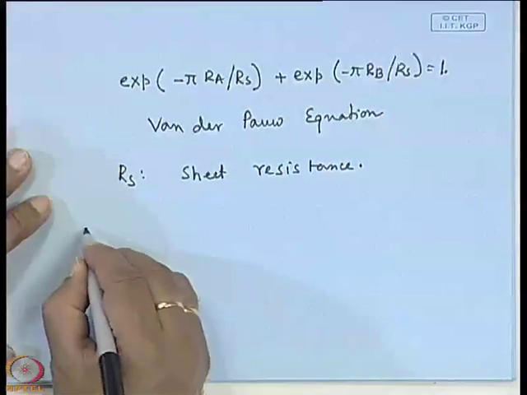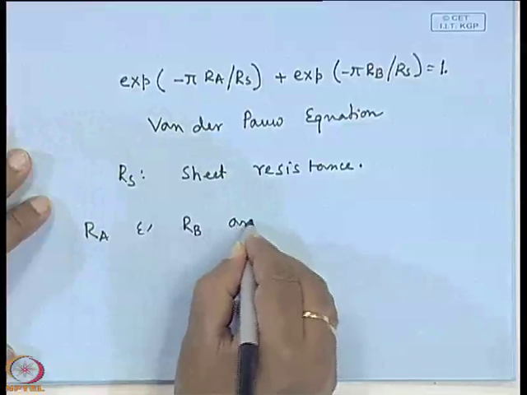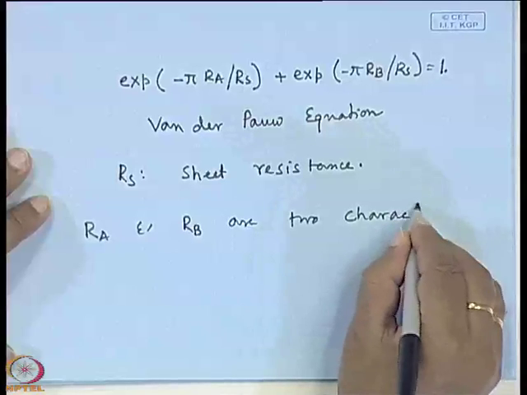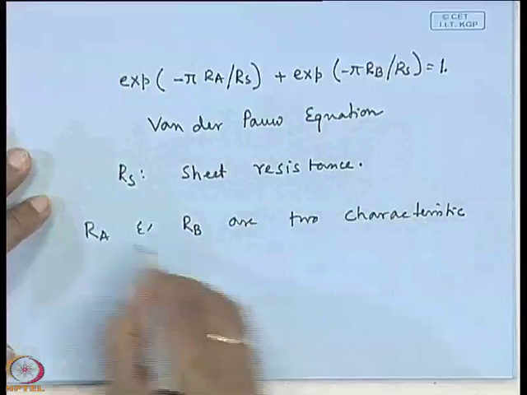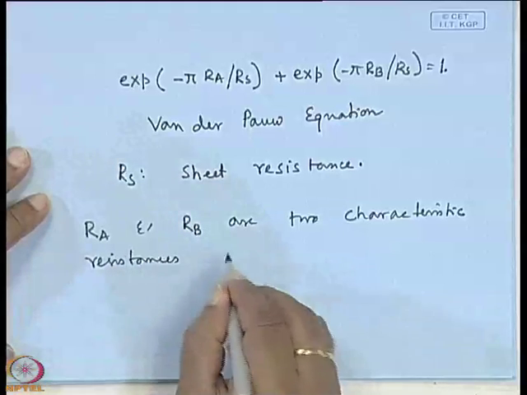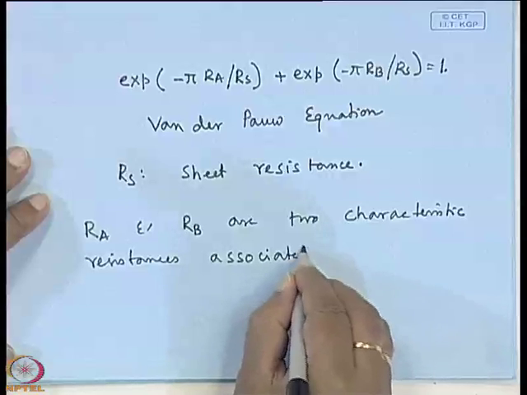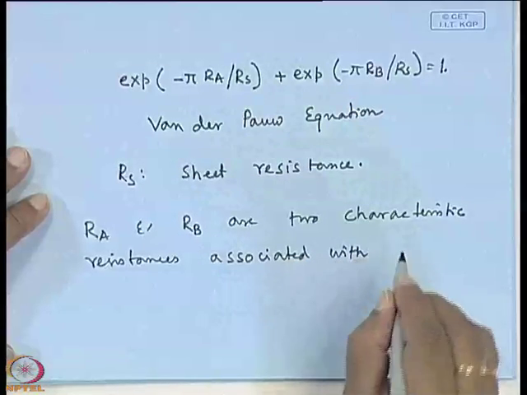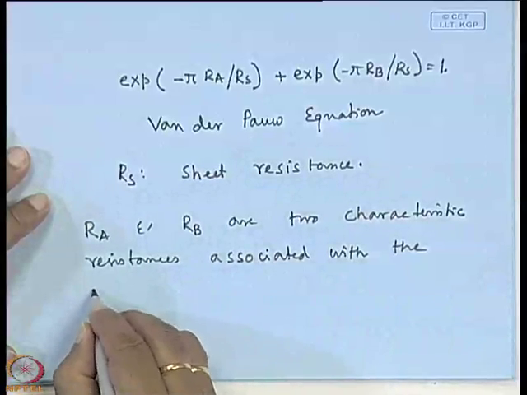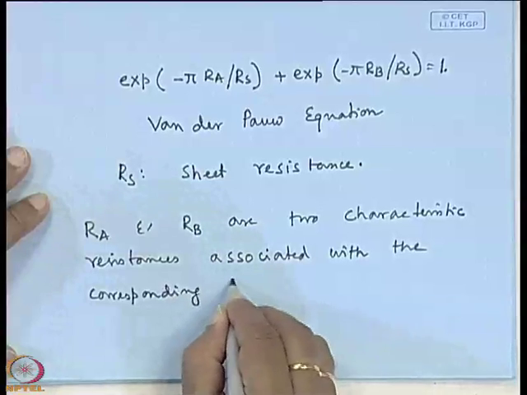R A and R B are two characteristic resistances associated with the corresponding terminals.